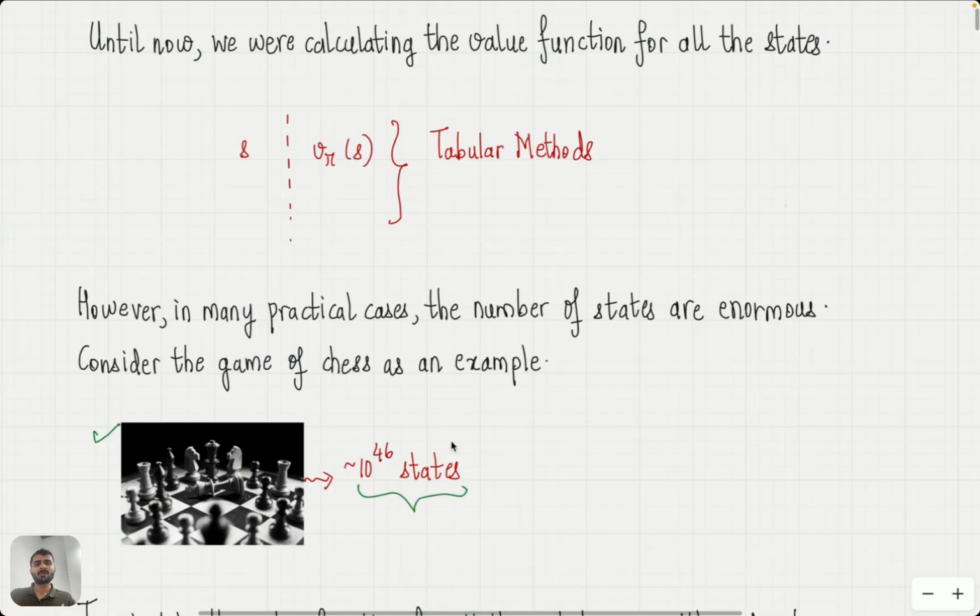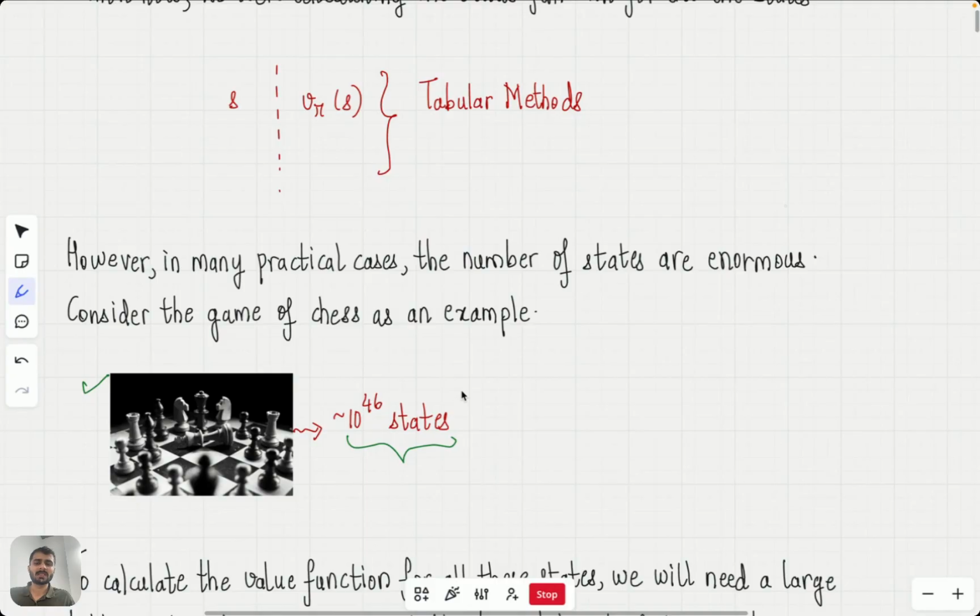Now, if I want to train a reinforcement learning agent to learn from experiencing the game of chess, then there are 10 raised to 46 states over here. So if I use a tabular method, then I have to enumerate the states 10 raised to 46 times, and I have to calculate the value of each of these states.